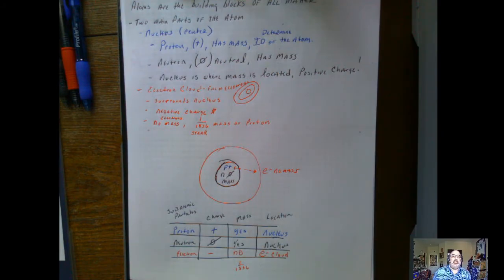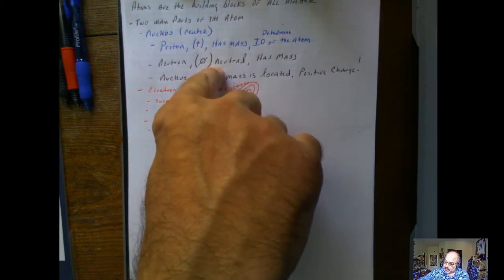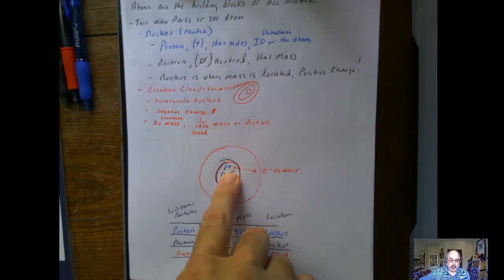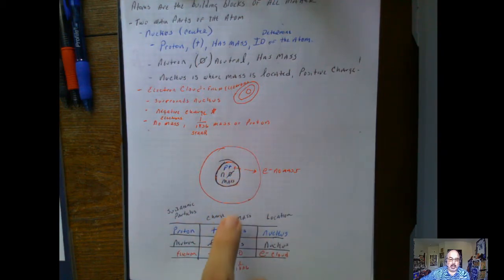Our objective is to understand the names, locations, charges, and masses of the protons and neutrons in the nucleus and the electrons in the electron cloud. You have it three ways. You have notes, okay? You have a diagram showing my wonderful artistic ability, and then you have a chart. Again, the color coding you can do, it just helps keep things organized in my mind. It's a good study skill.